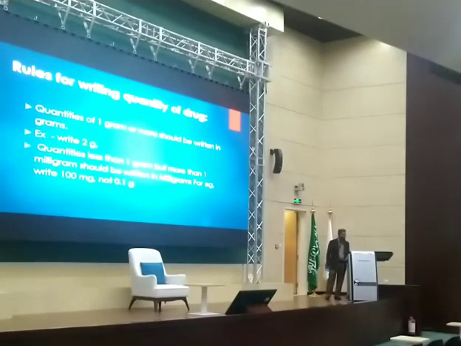A quantity of 1 gram or more should be written as grams, not 1 g. A quantity less than 1 gram but more than 1 milligram should be written in milligrams. So if it is 1 gram, you don't write 1 g, you write 1 gram in full. And if it is less than 1 gram, you write it in mg.